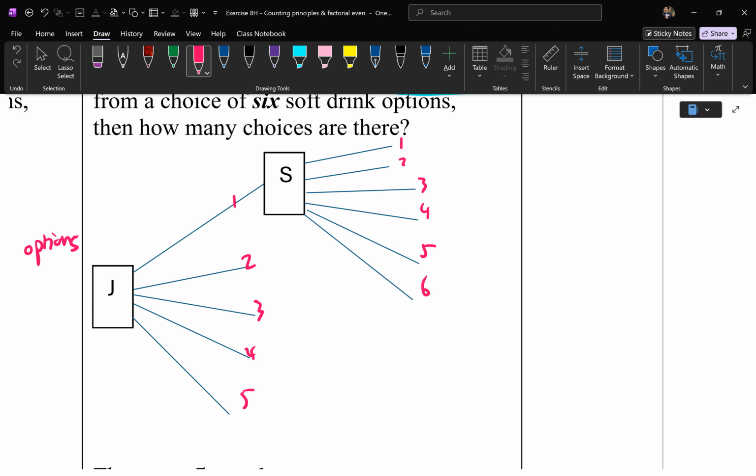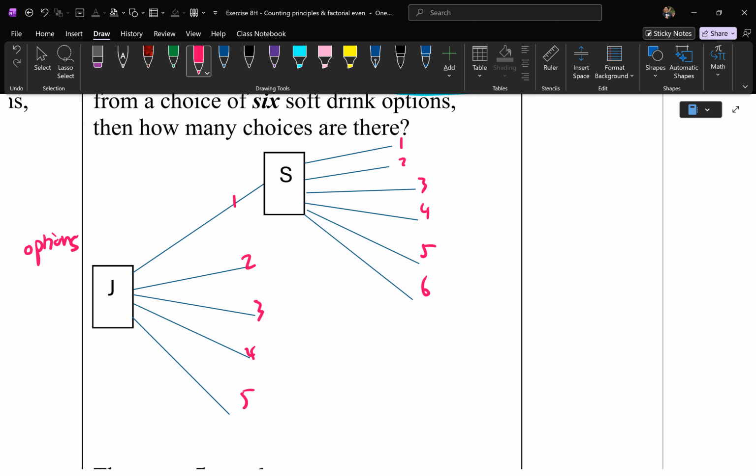So that means 6 possible options are here. I could have got, say, orange juice, Coke, orange juice, Fanta, orange juice, Sprite. There are 6 different soft drinks I could have got. That means there's 6 options here already. But then all the other different types of juices, OJ to apple juice to blackcurrant, they all have another 6 options, 6 options, 6 options.